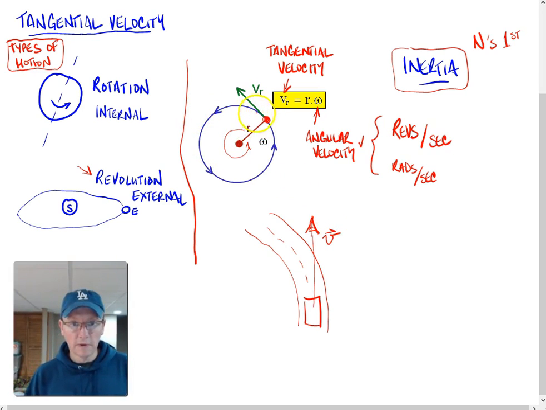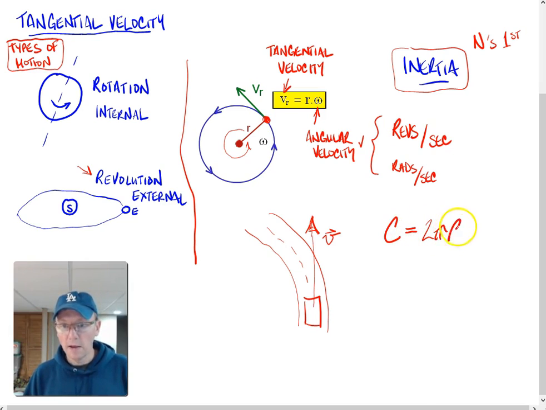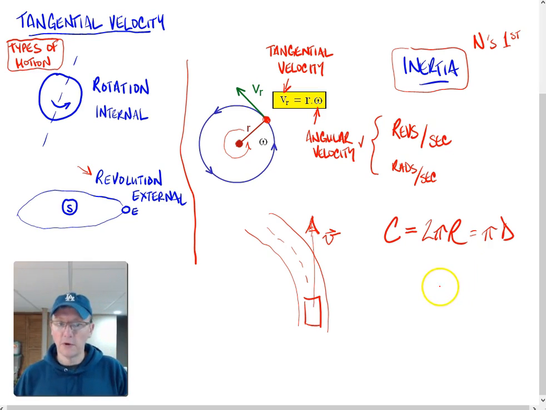Since this is a circular path, it has a distance around that is based off of the circumference. And the circumference formula is 2 times pi times r, or, if you wish, pi times d. Either one will work. Typically we use this one because we oftentimes have radii and not diameters.